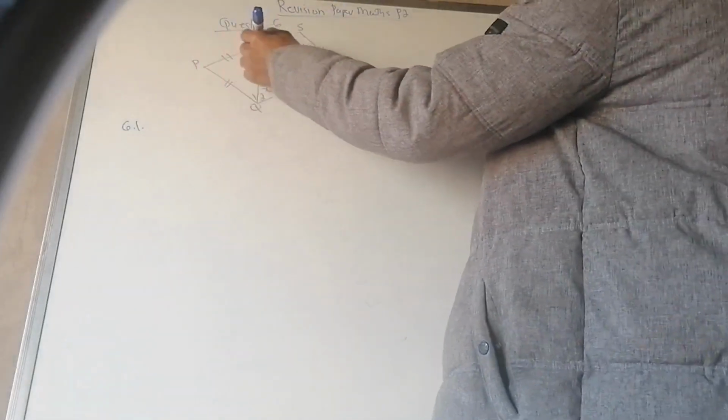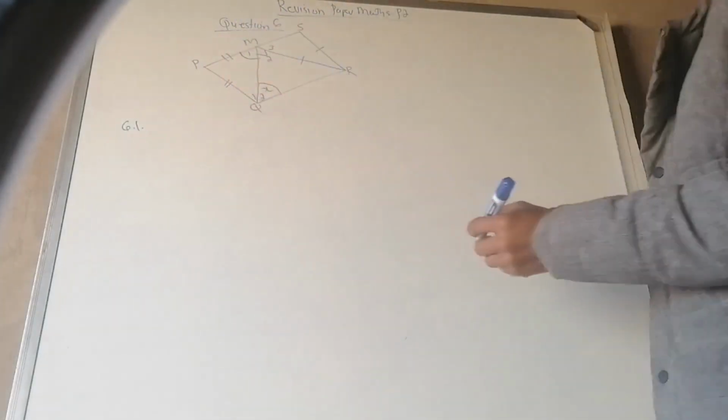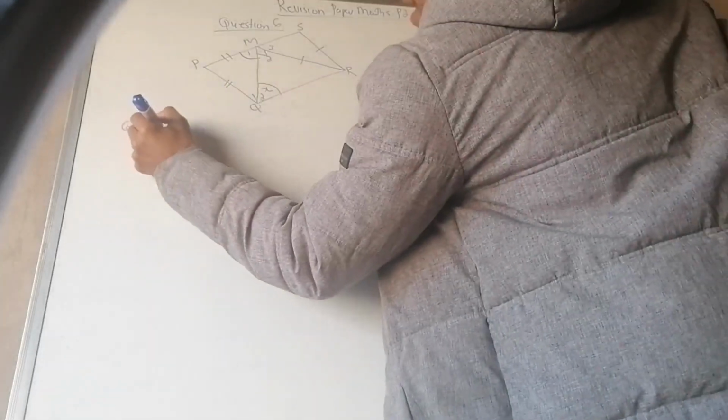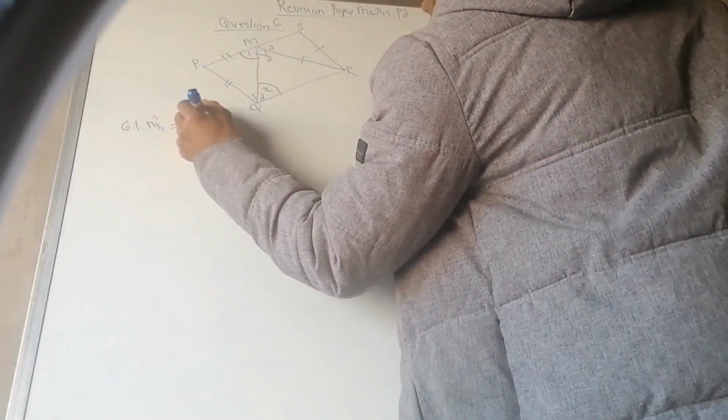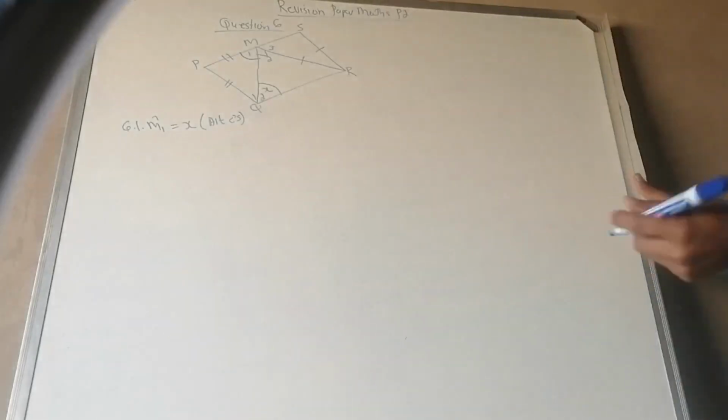M1. Why? Let me look at this diagram. Because it's alternating angles. So M1 equals X, reason: alternating angles.